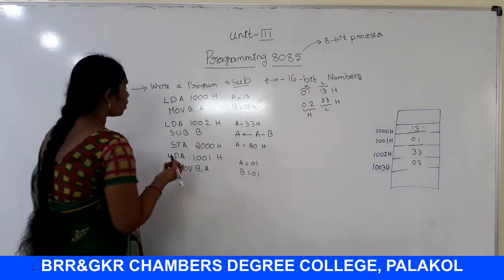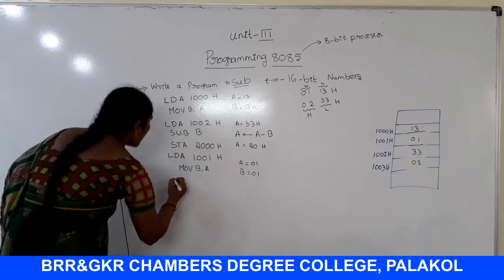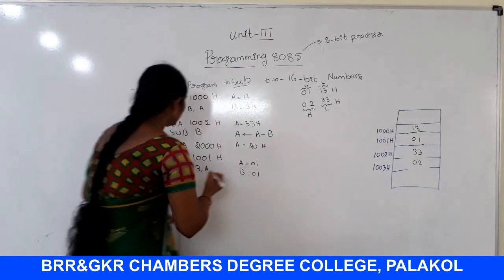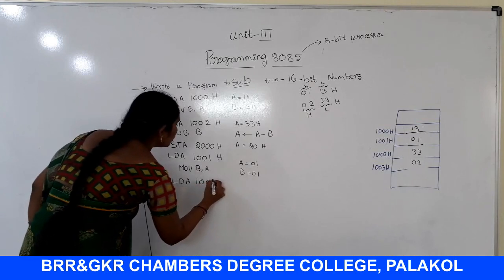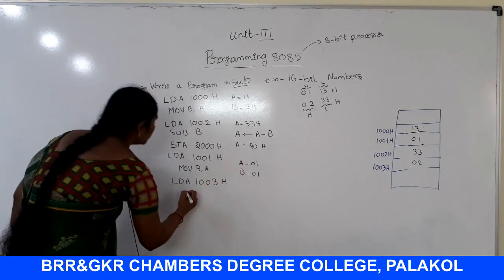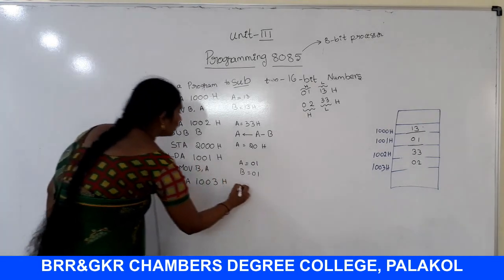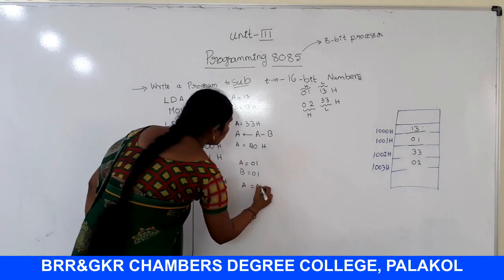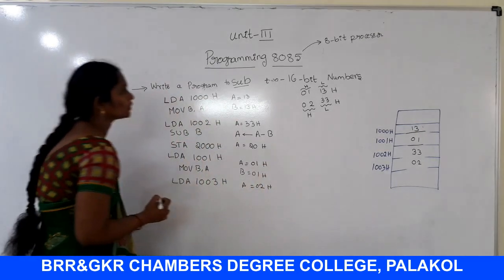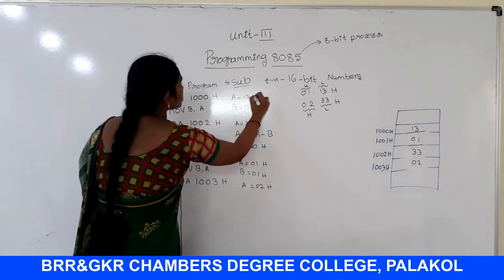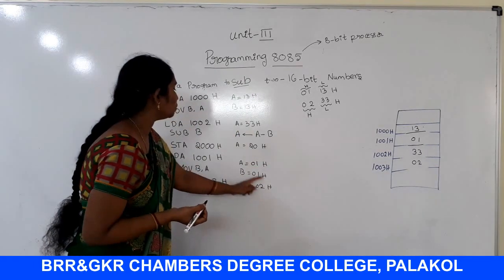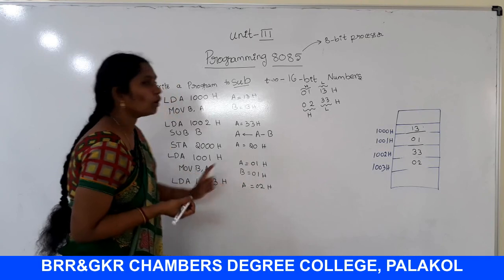After that we have to load another value, from 1003H here. Now the loading of A is equal to 02, all hexadecimal values. That means A is loaded with 02 and B is loaded with 01.